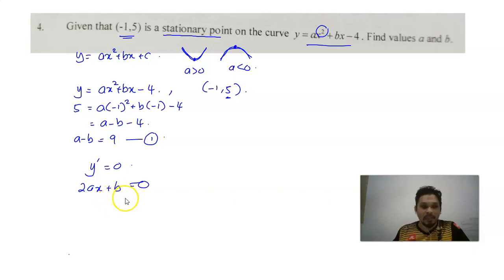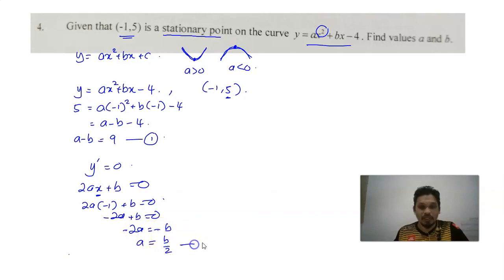Then substitute with x equal to -1 again. Here we don't have any y, so 2a times -1 plus b equal to 0. -2a plus b equals 0, so a equals b over 2.